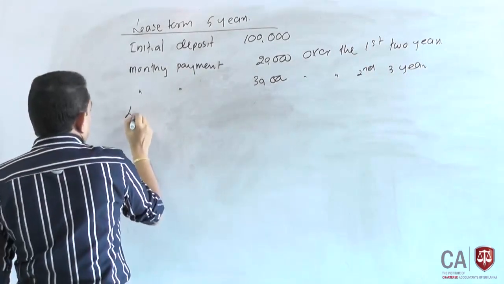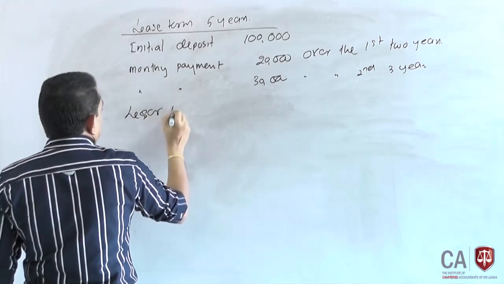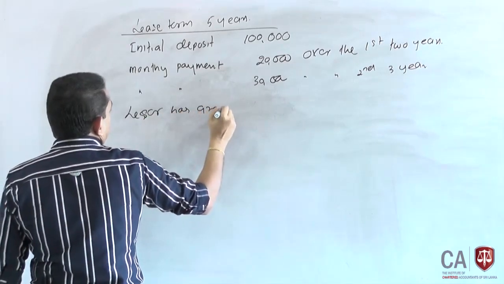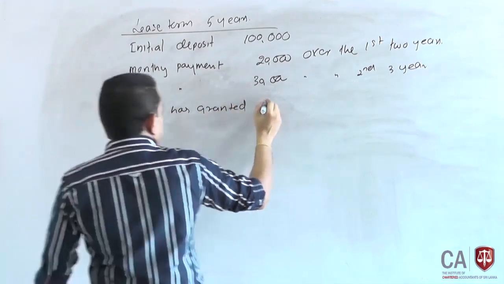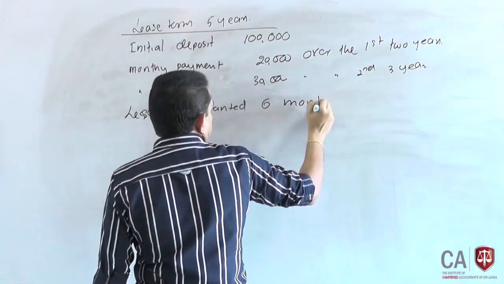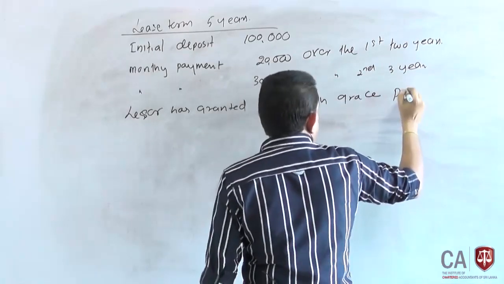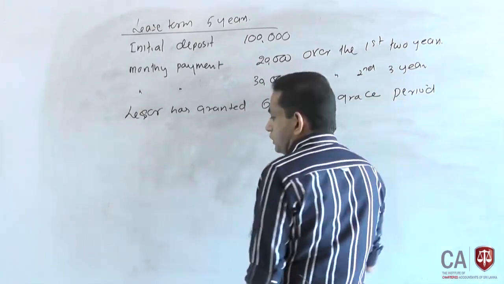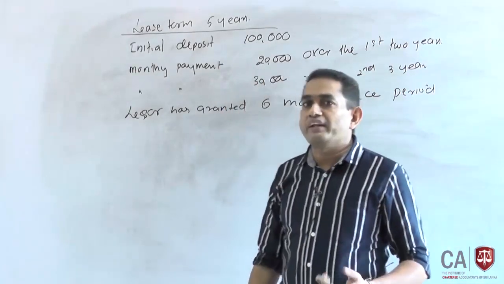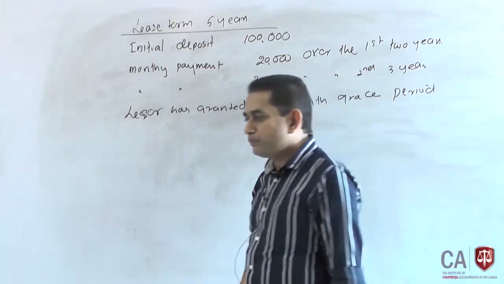And the lessor has granted a 6 months grace period, a concession has been granted. So, the lessee is not required to pay the rentals during the first 6 months.